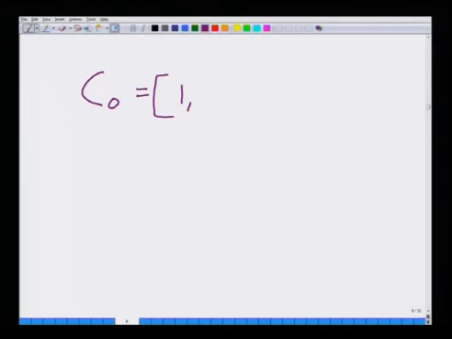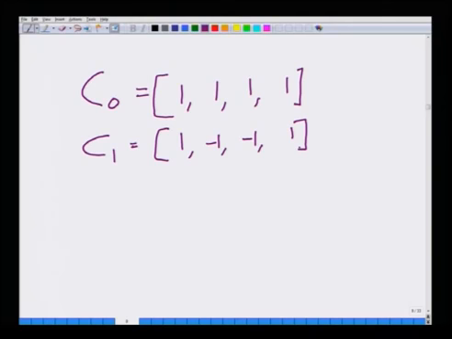So, I take this code C0, which is 1, 1, 1, 1, and I take code C1, which I said is 1, minus 1, minus 1, 1. Now, let me correlate C0 with C1, that is I will multiply C0 with C1 and then I will add.